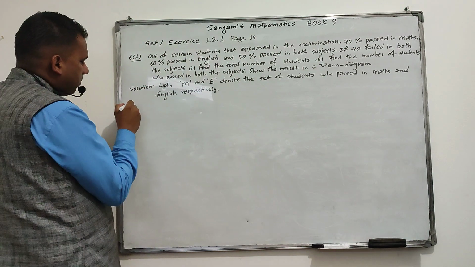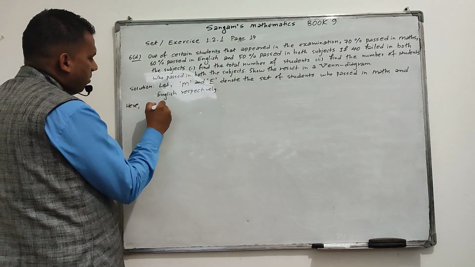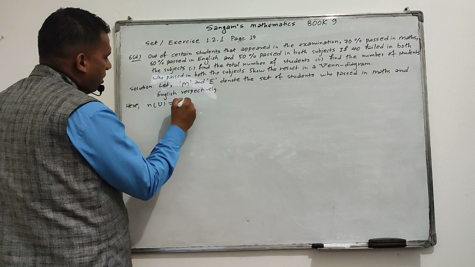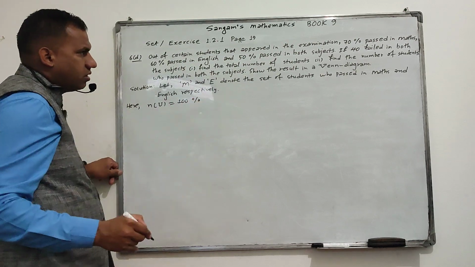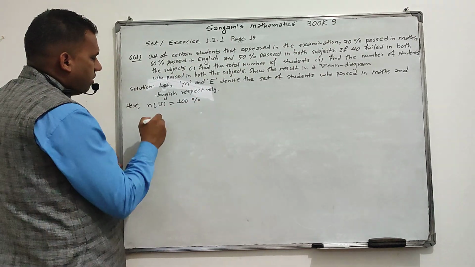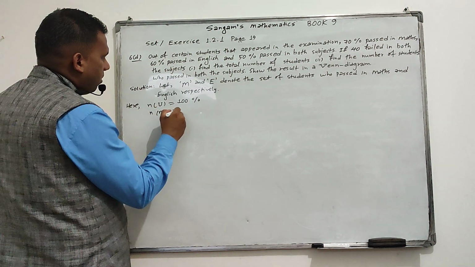Here number of U is 100% in percentage. 70% passing math, so number of M equals 70%.